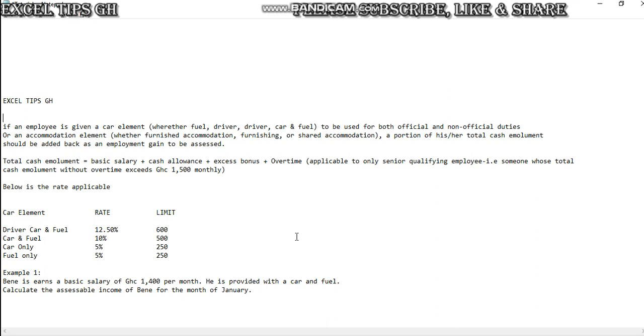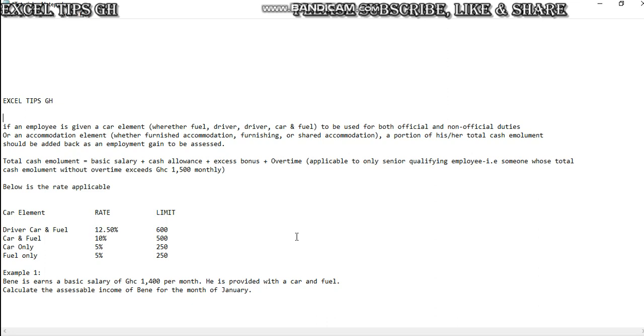So the senior qualifying employee is someone whose total cash emolument without the overtime exceeds 1,500 for a month and then 18,000 for a year. So now the question is, if an employee is given such benefit, how are we going to go about it?